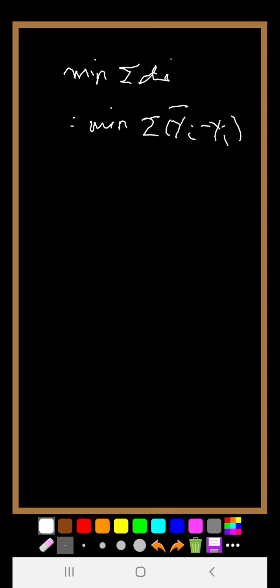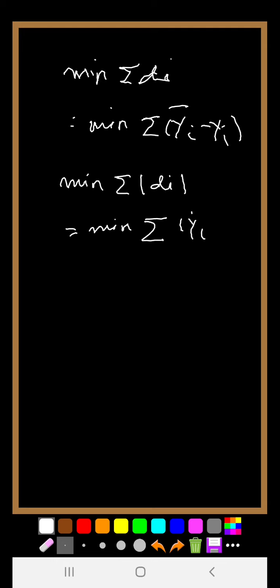The difference can be both positive and negative, so we assume that it is the minimum of the summation of the mod values, that is, the minimum of the summation of mod of yi bar minus yi.